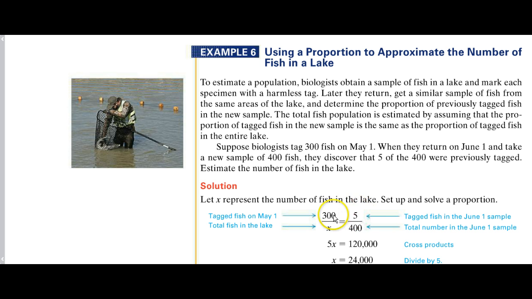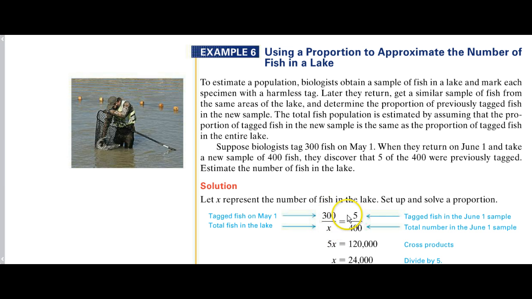So here the critical part is, how do you set up the proportion? Well, the proportion would be tagged fish out of a population, tagged fish out of a population that you didn't know at this time.